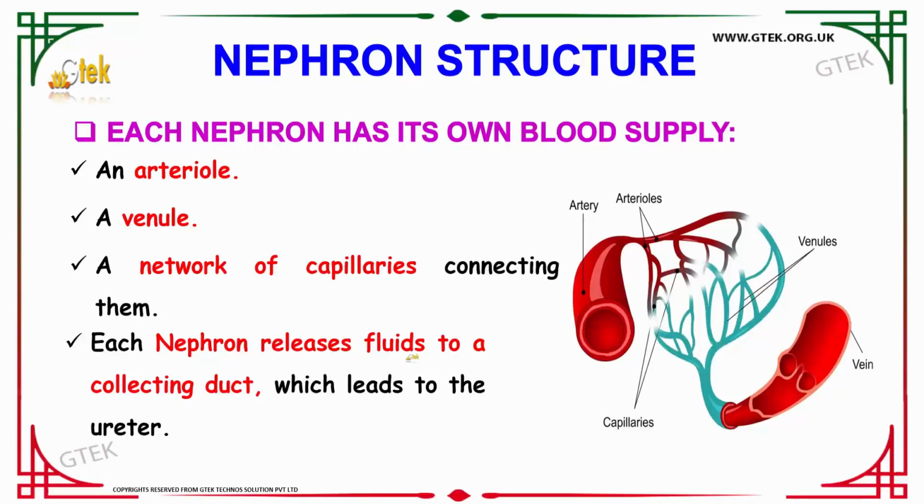If you see, each nephron has its own blood supply through the arteries. So your artery will be split into arterioles.